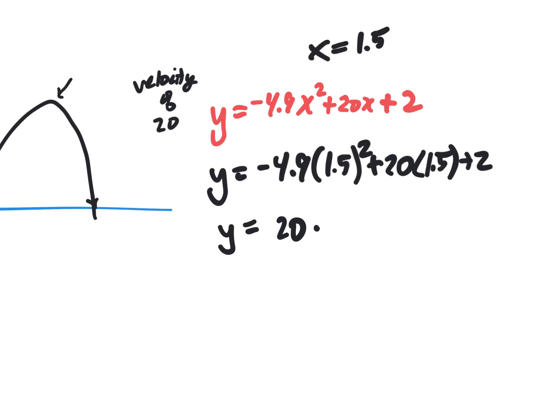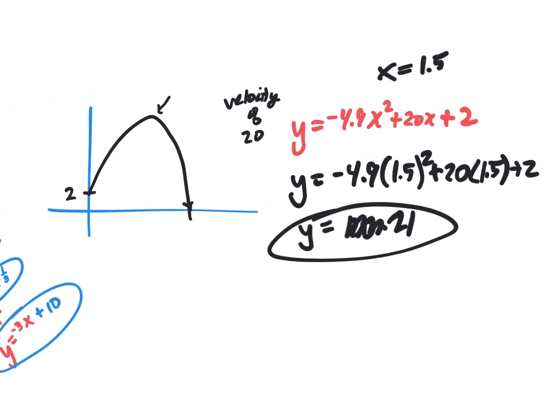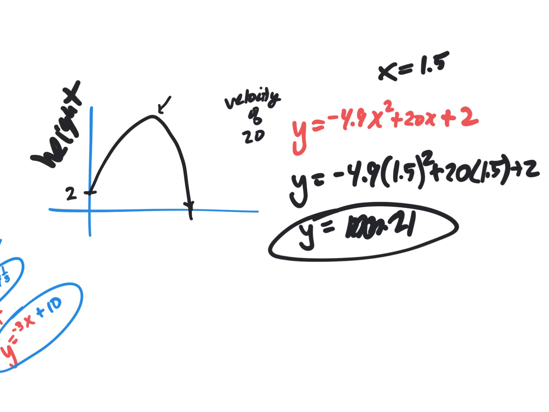That would actually probably round to 21. We would tell you on a test where to round to. So, and what is y? The number of yams? No. Y is this, which is the height. So my parabola would have a height at that moment of 21 meters.